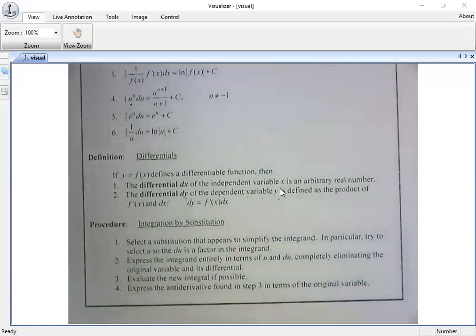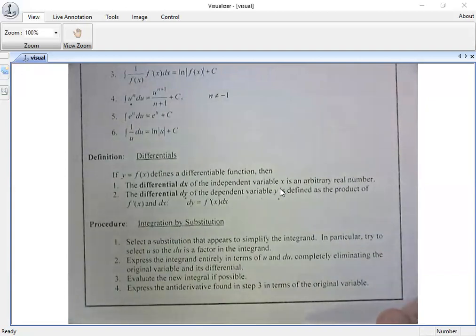Whatever would have the largest power is most likely going to be my u. And I'm going to hope that if I find the du for whatever I decided u was, it's going to give me the other pieces that are there that I wouldn't have known what to do with otherwise. When we look at an example, I think that will make more sense, okay? So what we've got to make sure we do, if we're going to replace part of this thing with u, is get rid of everything that has an x in it, okay?